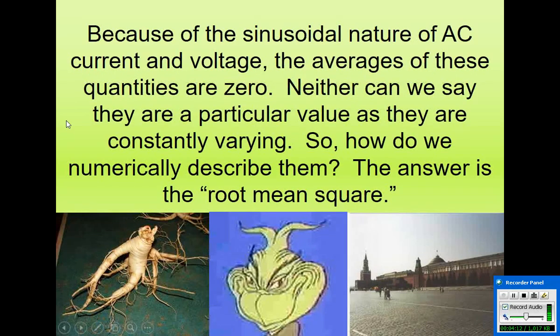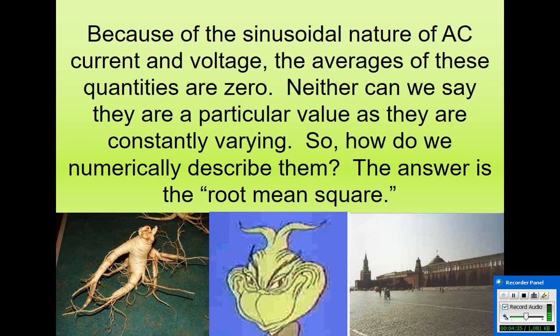One of the interesting characteristics of the sine function is that its average value is 0. And that can lead to a little bit of an issue. If I wanted to quantify the average value of the current or the average value of the voltage, it is technically 0.